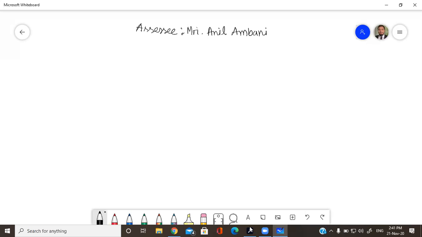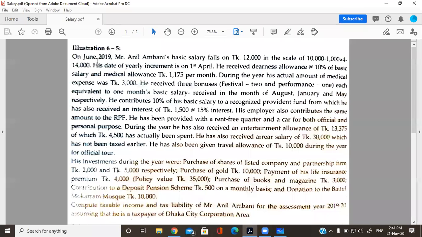So if I write the income year first, let's look at the problem again. In June 2019, Mr. Anil Ambani's basic salary falls on 12,000 in the scale of this, I will explain it later. Let's identify the income year first. For the assessment year 2019-20, you need to compute the taxable income and the tax liability.